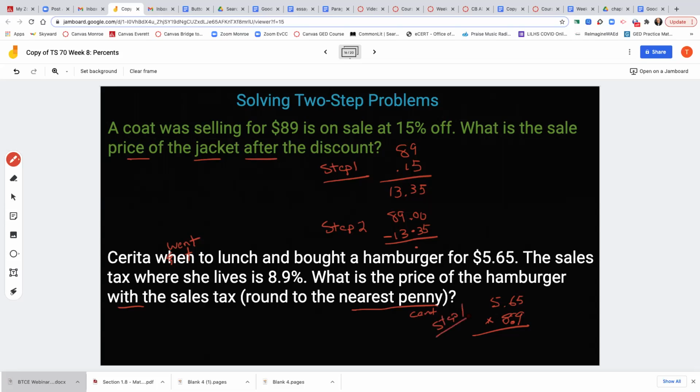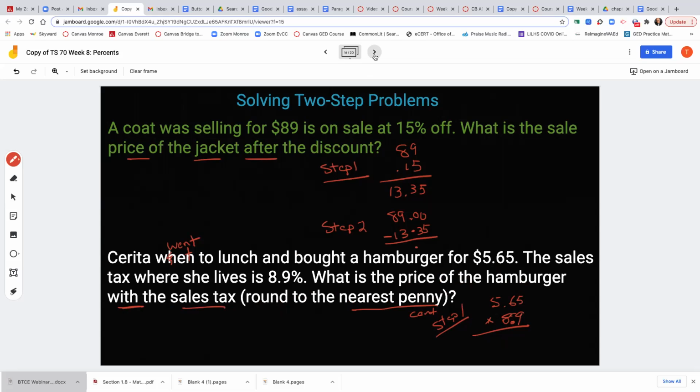That's going to tell me how much the tax is. Then I got to add this answer onto the cost of the burger to find out my total price. So it's a two-step process.